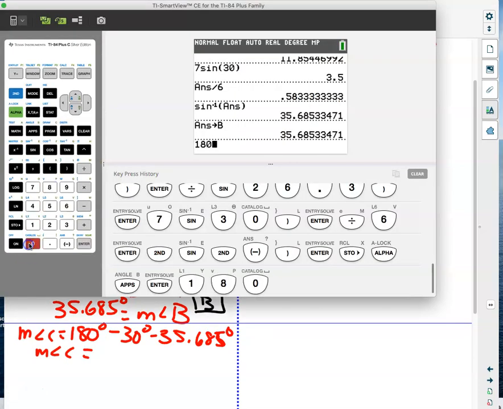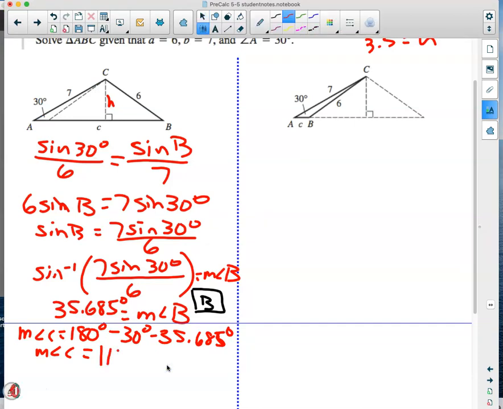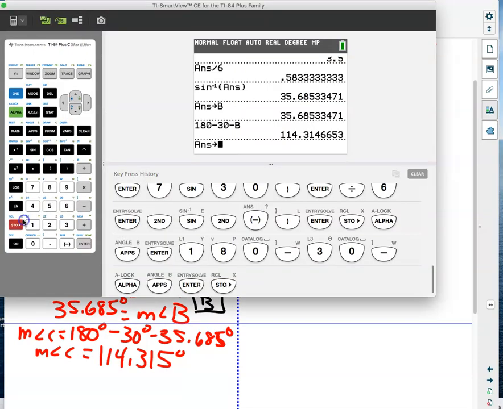So 180 minus 30, which is of course 150, minus alpha B. So 114.315. I'm going to store it. Better to be safe than sorry. Store alpha C.